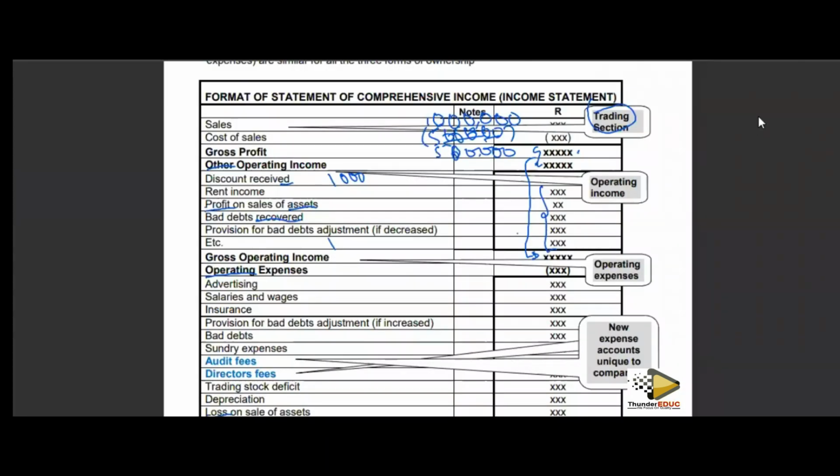Now, look at, for example, advertising. This is an expense. Salaries and wages, insurance. Remember, this is just an example. When you pay for advertisement, you want to advertise your business so that people know it well, so you have to pay money. For example, you go on radio and put an advert there. You have heard advertisements on the radio and billboards.